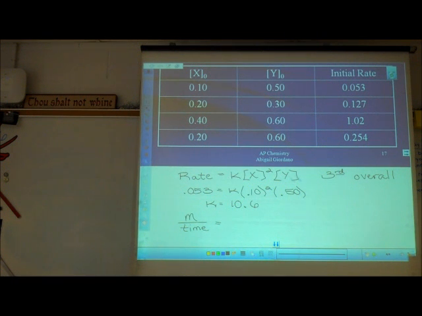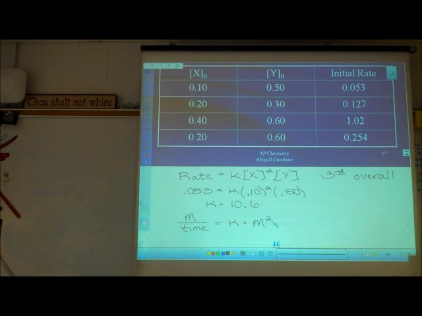I am going to rewrite the rate law I have just found. Instead of putting in variables, I'm going to put in the units for each thing. Rates are in units of molarity over time. I don't know what the units are for k. What do brackets mean again? Molarities.